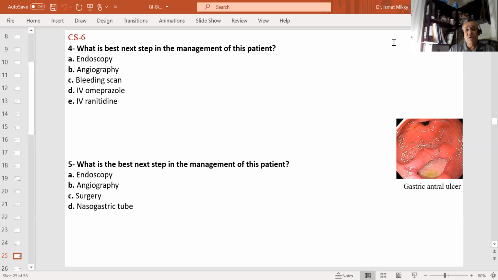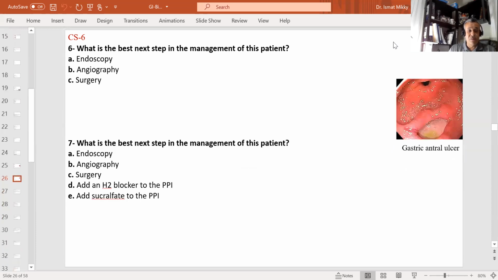The EGD, which is the endoscopy here, allows for diagnosis and intervention of the bleeding site. So we can diagnose and do the intervention for the bleeding site. Endoscopy is the best initial diagnostic method and therapeutic procedure. Not the NG tube.